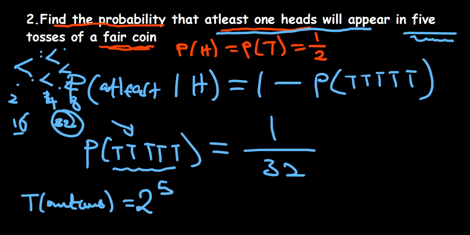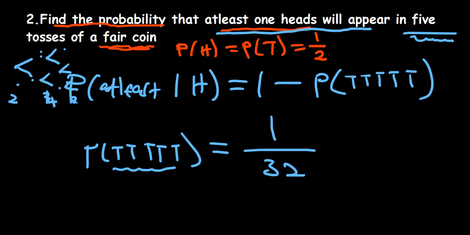So it's 2 to the power 5, which still gives you 32. So 32 is the total number of outcomes, and then we just want the probability of one event, which is tail, tail, tail, tail, tail. So the probability of getting 5 tails is 1 over 32.